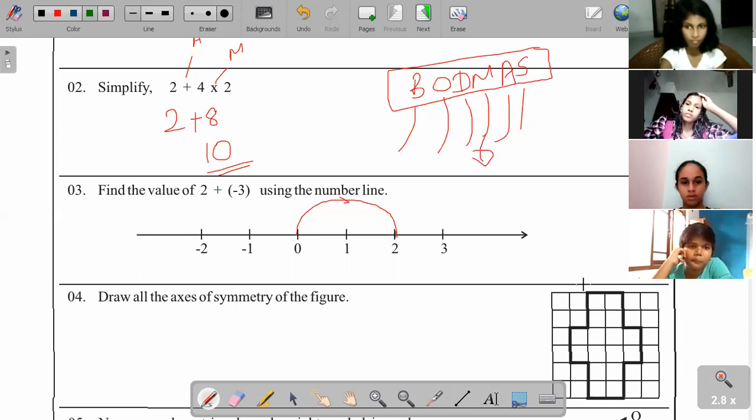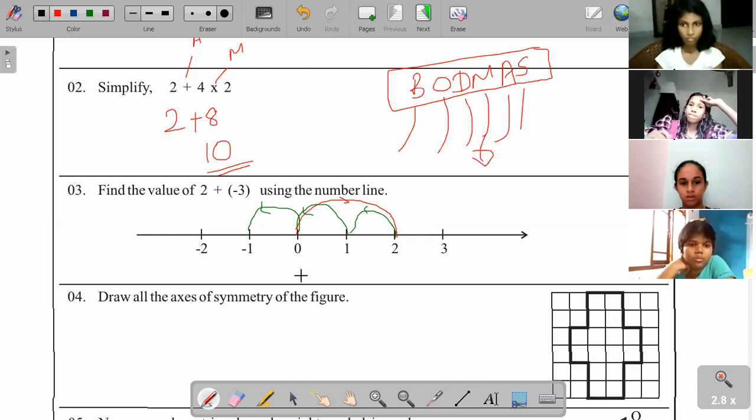Negative means left hand direction, no? 1, 2, 3. Right? Now look at what is the starting position and what is the ending position. Wherever you go, however you travel around, find the starting place and the ending place. The starting place is 0.